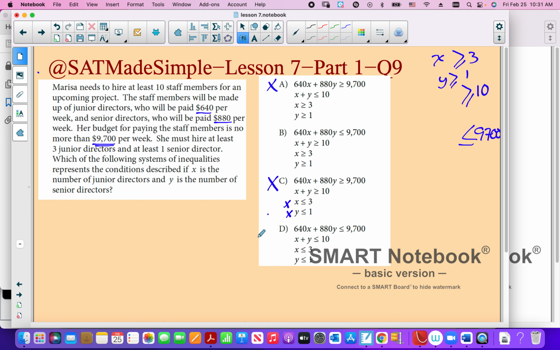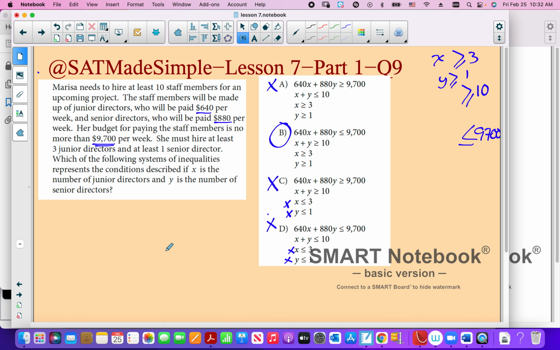And also this is incorrect and this is incorrect, so D is struck down, so B is my correct answer.